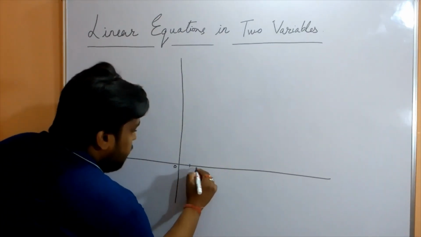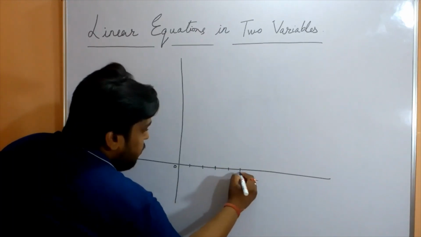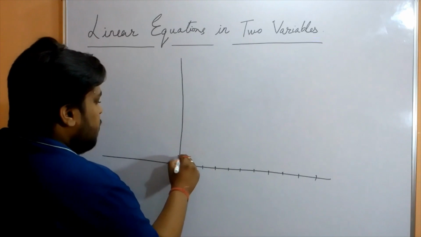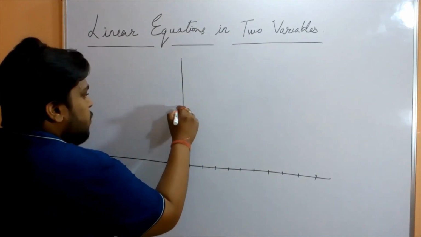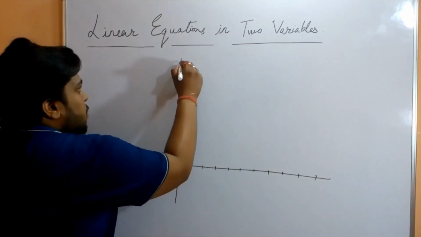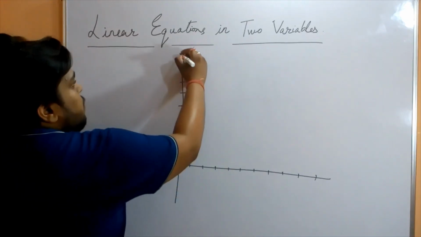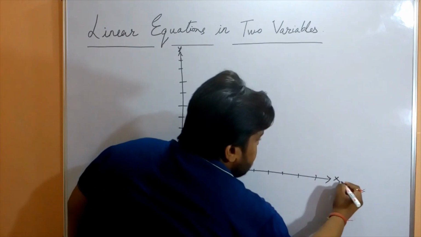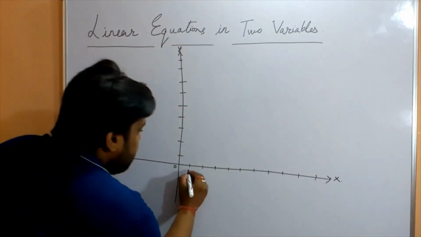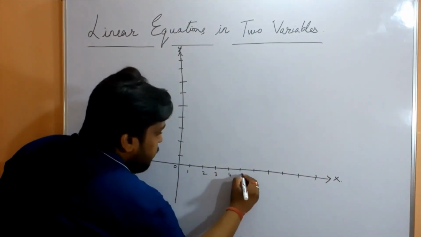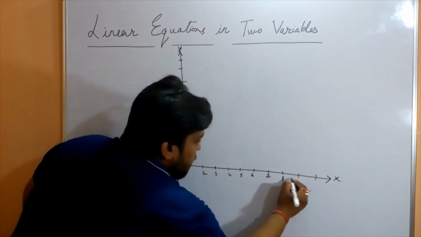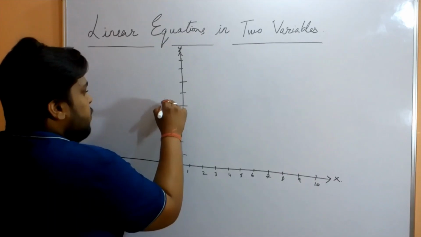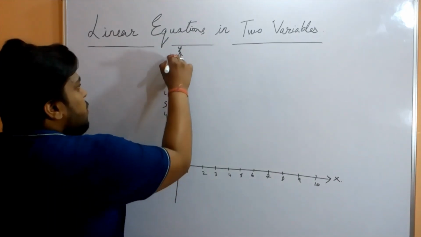This will be the origin. 1, 2, 3, 4, 5, 6, 7, 8, 9, 10. Okay. This is your y-axis and this is your x-axis. This is 0, this is 1, 2, 3, 4, 5, 6, 7, 8, 9, 10. 1, 2, 3, 4, 5, 6, 7, 8.